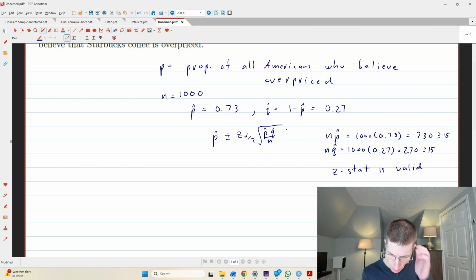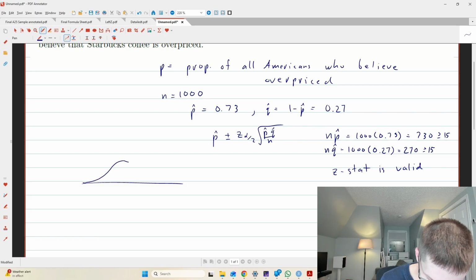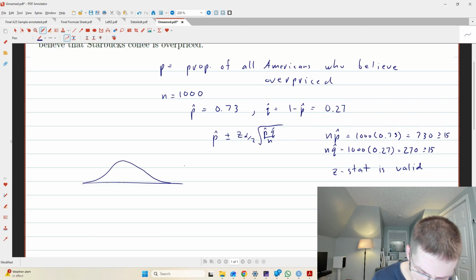So Z alpha over 2. The idea is with a confidence interval, you're going to have alpha over 2 in each tail. So in this case, that's going to be 0.025.